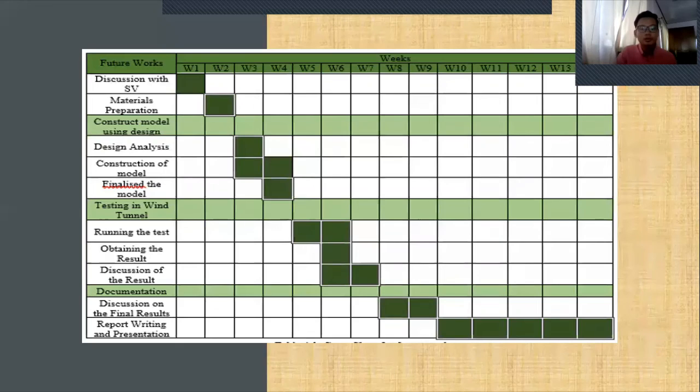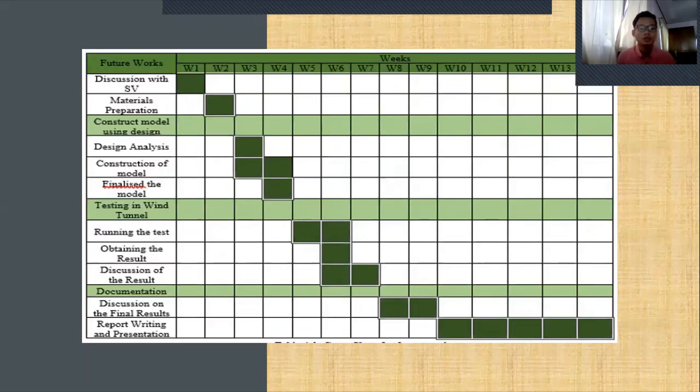And for the Gantt chart for future work, in week 1, we'll have a discussion with my supervisor, Dr. Siti Noratikah. Week 2 is the material preparation, and analysis of the design from Final Project 1. In week 3 and week 4 is the construction of the model.